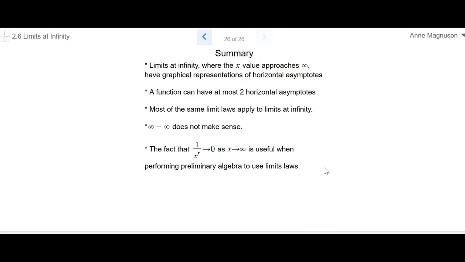So that is it. Watch out for those landmines of indeterminate forms. You can't just go plugging infinities into your limits, and if you get something like infinity minus infinity, or infinity over infinity, you've got to approach it another way.